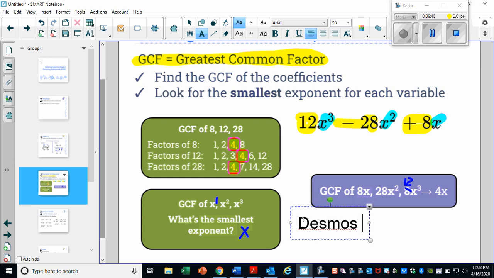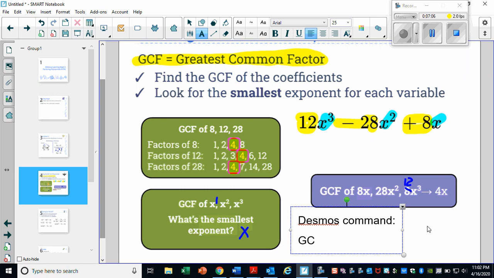The command is gcf, actually, it should be in lowercase. gcf of, and then just type in your numbers, 8, comma, 28, comma, 12, and then you would hit enter, and then you would get the result of 4.